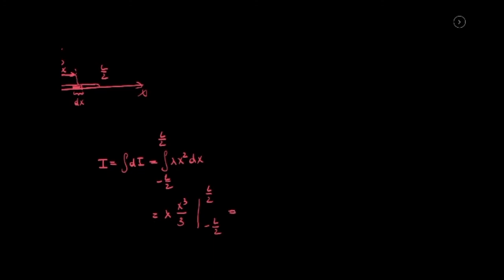It is equal to lambda, so I can write 2 multiplied by 1/3 and (L/2) cubed. So it's equal to lambda L cubed divided by 3 multiplied by 4, which is 12.